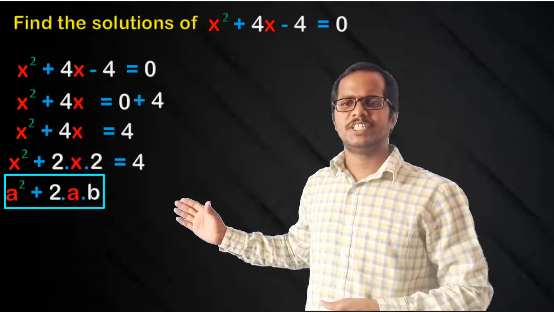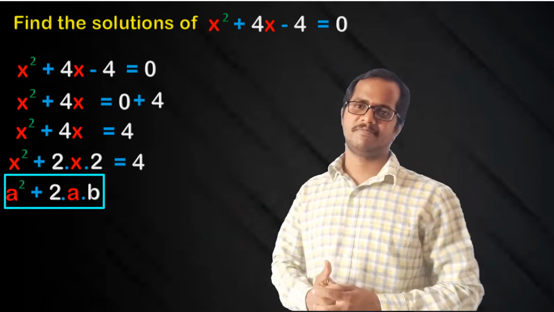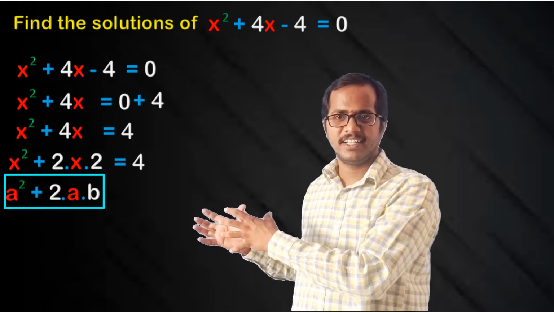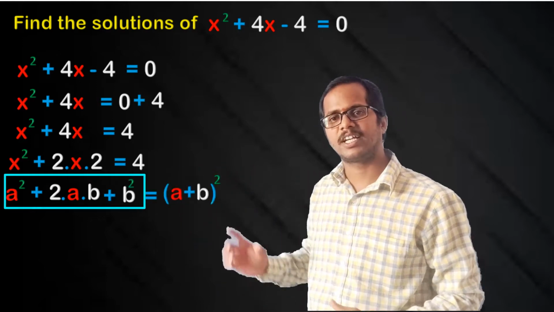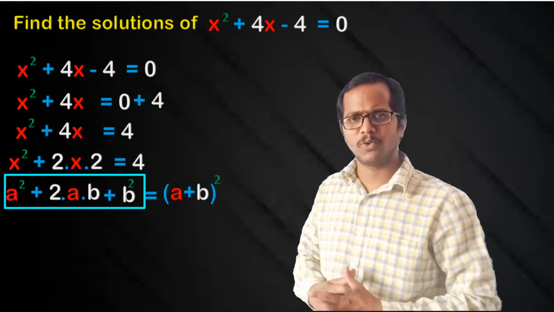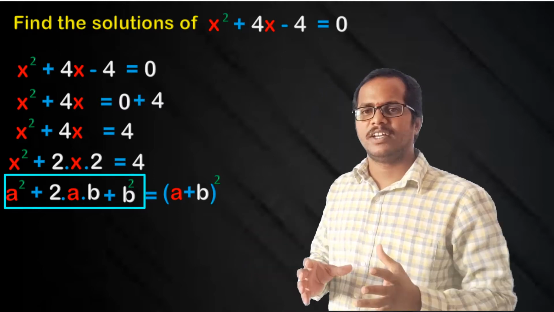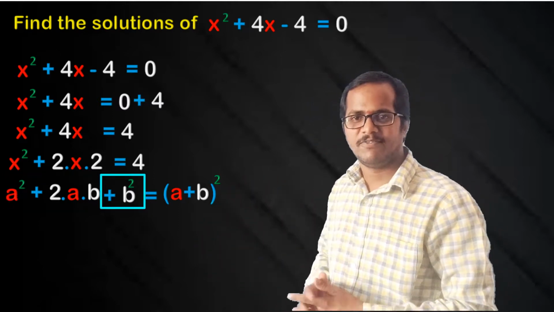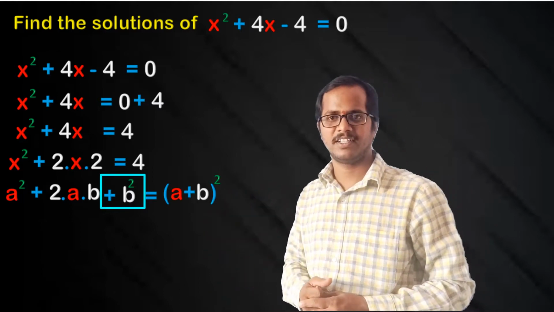But here we simply have a square plus 2ab only, and there is no b square term. If we take the b square term here, then it gives us a square plus 2ab plus b square, the complete formula of a plus b whole square. But we do not have it here. So as we do not have the b square term, we are going to add the b square term on both sides of this equation.